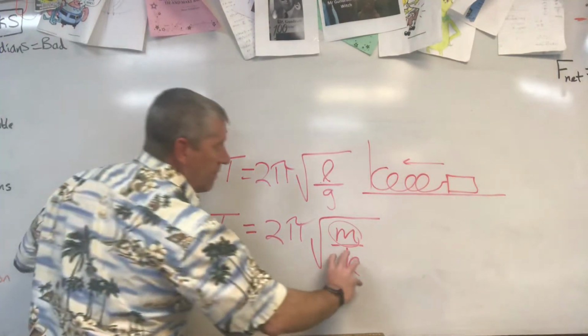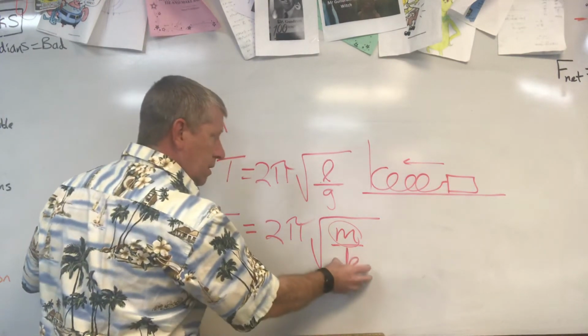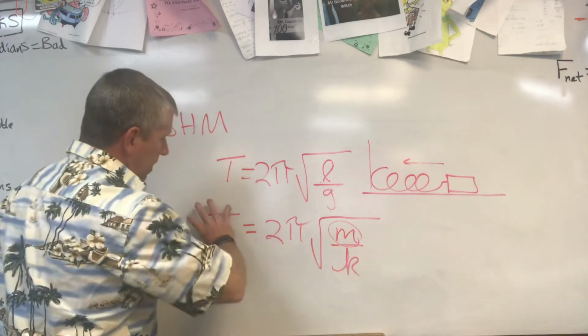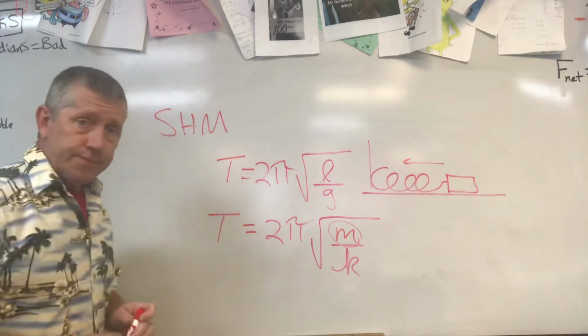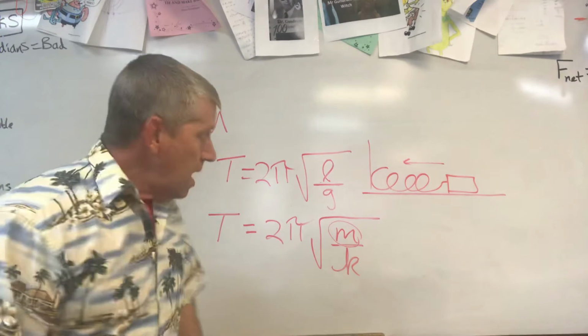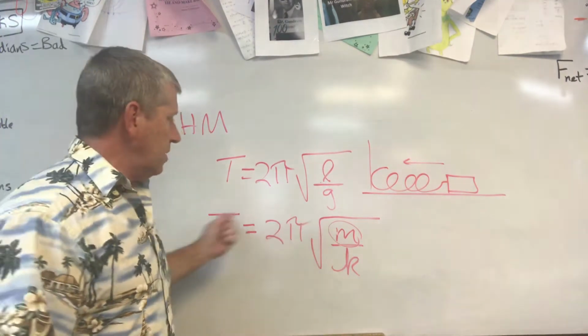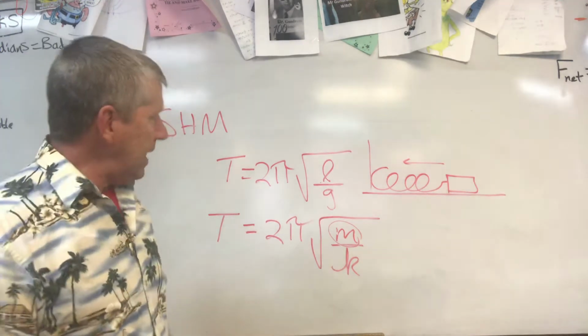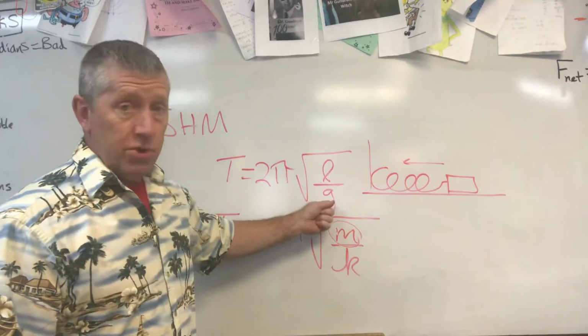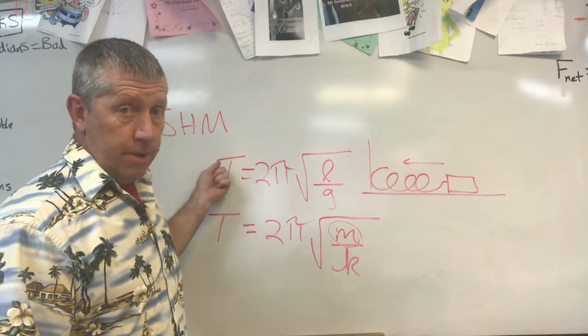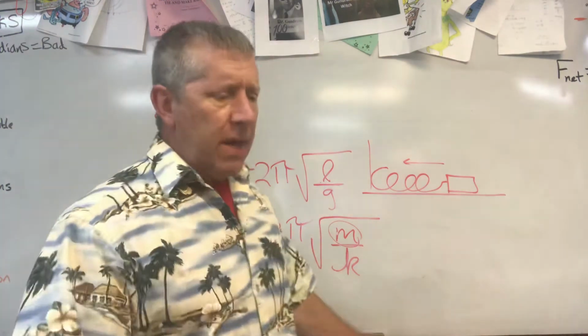So if you have a large number here, then you're going to have a small number here. Large, large, large, small. That's how those equations work.